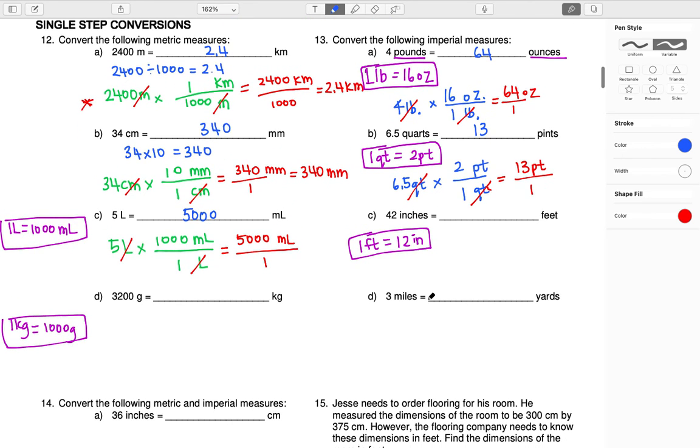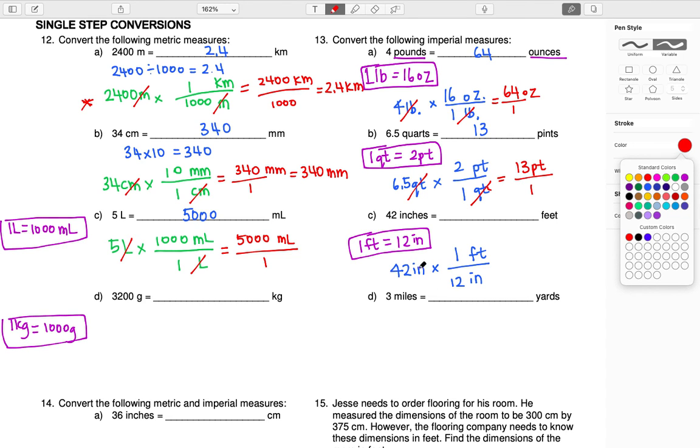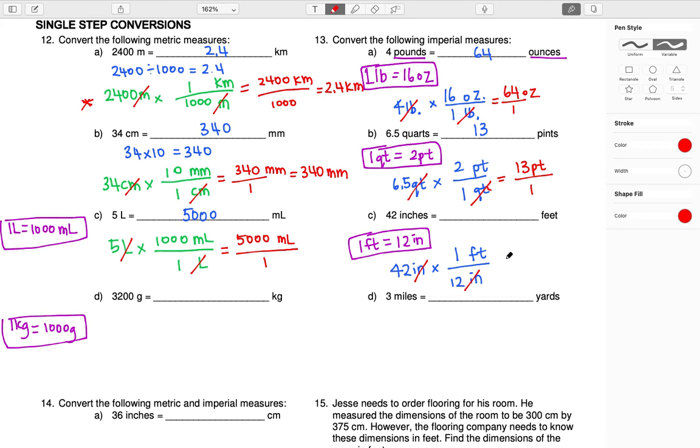Okay, lastly, let's try 42 inches to feet. So we're given 42 inches, and inches has to go at the bottom, and the feet has to go at the top. We know that 1 foot is 12 inches. So inch and inch cancels out.